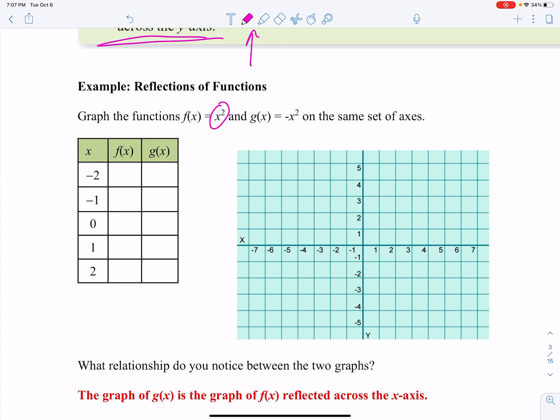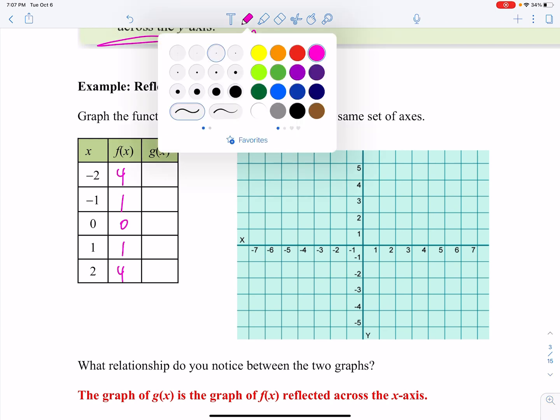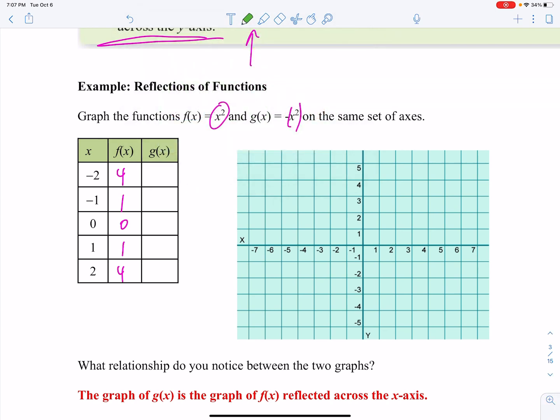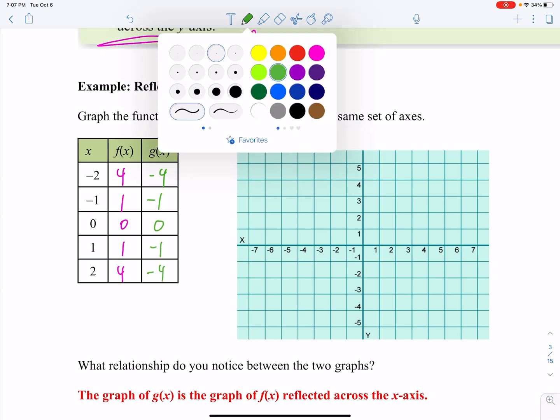So the f of x, we know these numbers already, 4, 1, 0, 1, 4. Again, we're just saying we're taking x squared and multiplying by a -1. Pretty easy, right? Take all these f of x values and just multiply by -1. And there we go. Then we graph.